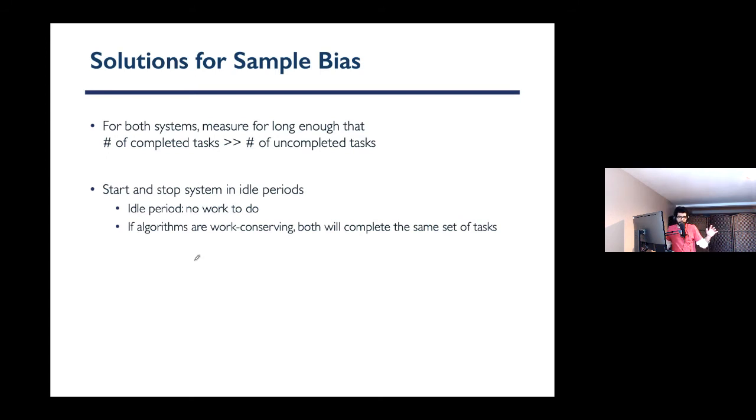It could be that SGF takes, under normal circumstances, because both of them are work conserving. If you have a uniprocessor, both of them will take the same amount of time if the context switching time is equal. If the context switching time is not equal, then it might be different. But let's not get there. Anyways, you just don't care how long each one of them takes.